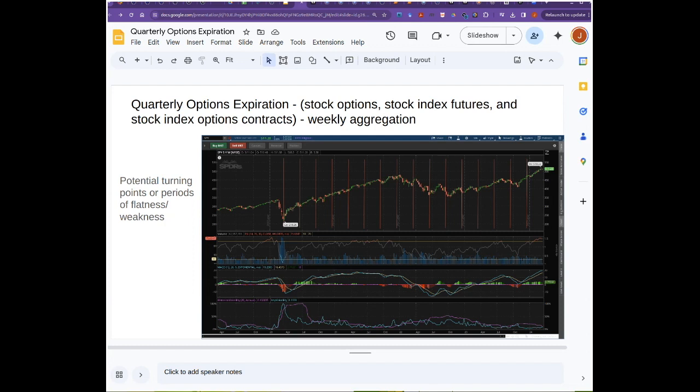I think some of the phenomenon behind that is basically traders are closing options that are expiring and potentially rolling them out to future dates and strike prices that are further out of the money, and that reduces the amount of hedging that market makers have to do.